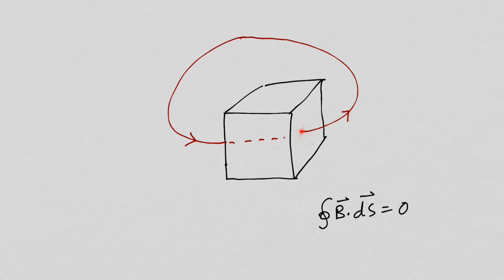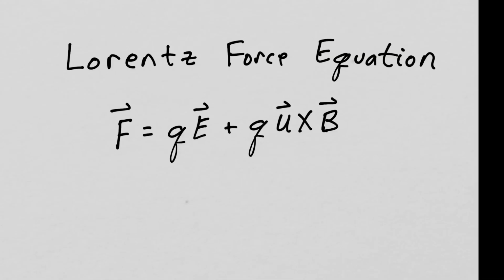Since every leaving flux line re-enters, the sum of the flux leaving our Gaussian surface is 0. If we have both an electric field and a magnetic field, a charge can feel a force due to the electric field, and if it is moving, due to the magnetic field. This combined force is referred to as the Lorentz force equation.